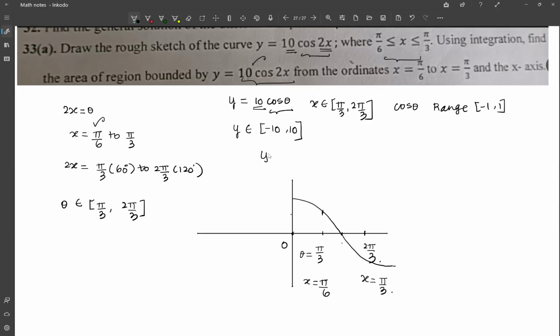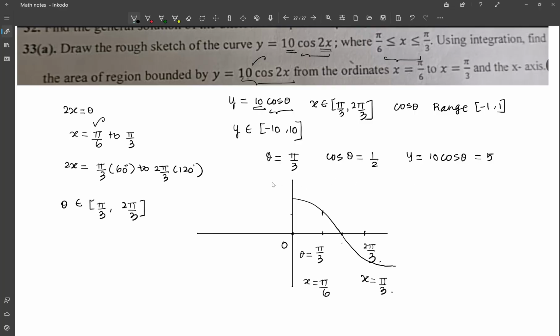When theta is equal to pi by 3, what is the value of cos? Cos theta would be cos 60, which is 1 by 2. So y would be plus 5 actually. So 10 cos theta is 10 into 1 by 2, so that would be 5.